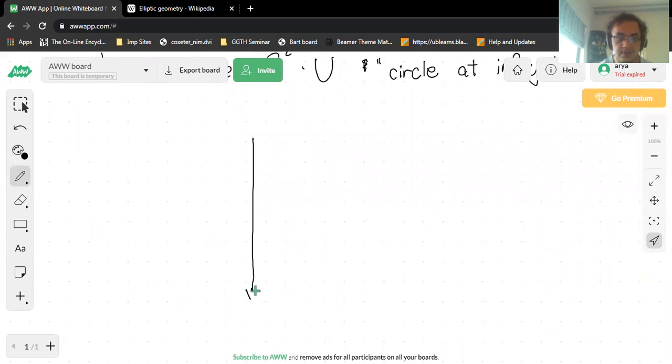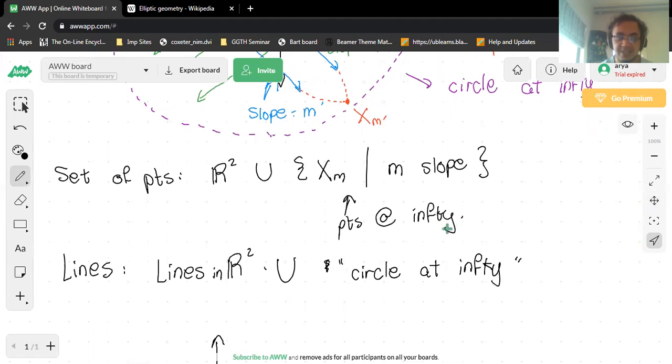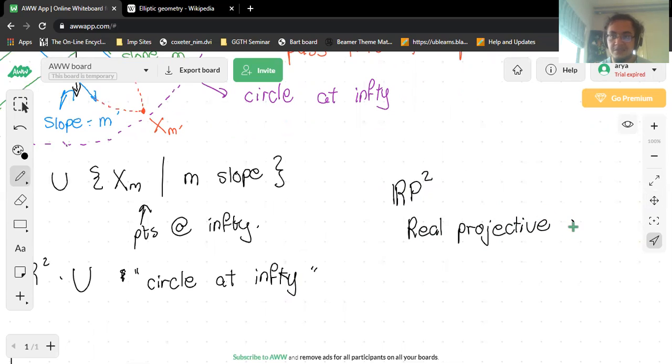Just for notation's sake, the set of points R2 union the points at infinity, with these lines, gives you a space known as real projective space in dimension 2, known as RP2. And this geometry is also sometimes known as projective geometry.